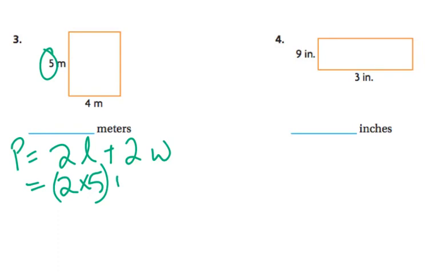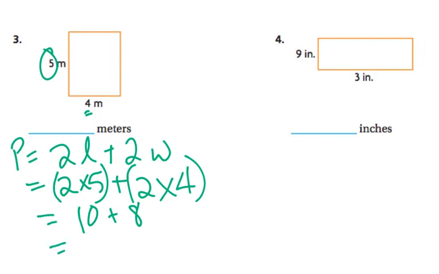I like to put in parentheses so that it helps me remember my order of operations. And then my other side length is 4. So I'm going to multiply 2 times 4. Okay, 2 times 5 would be 10, plus 2 times 4 would be 8. 10 plus 8 would be 18. 18 meters.